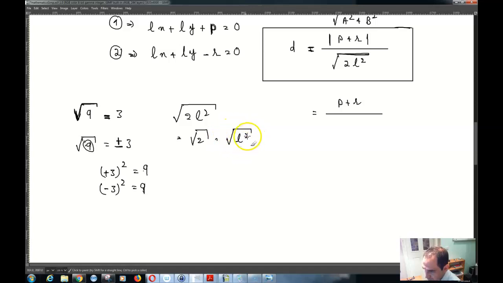If you knew what L represented, you would be able to simplify it, and based on that context, you would decide to write this as plus or minus L, or simply as L.